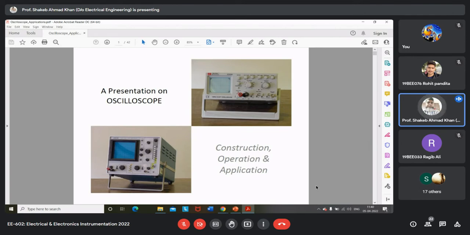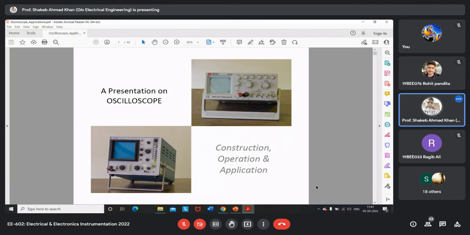So these voltage and current we are talking about are basically signals. They are commonly called signals. And as far as the oscilloscope is concerned, it basically displays the voltage signal, not the current signal.